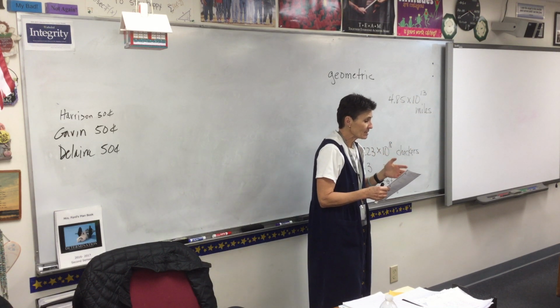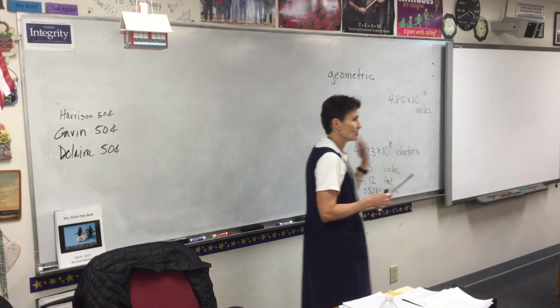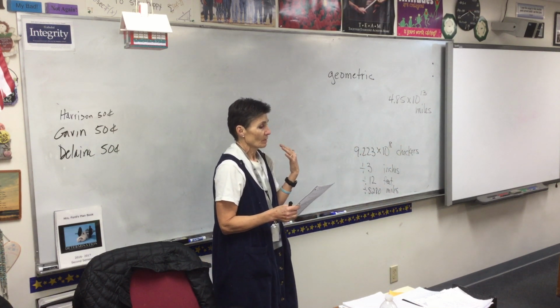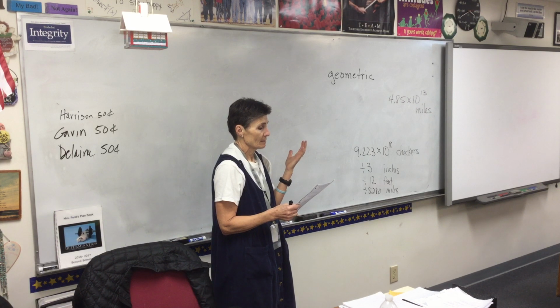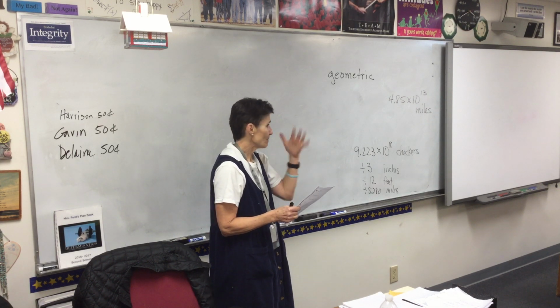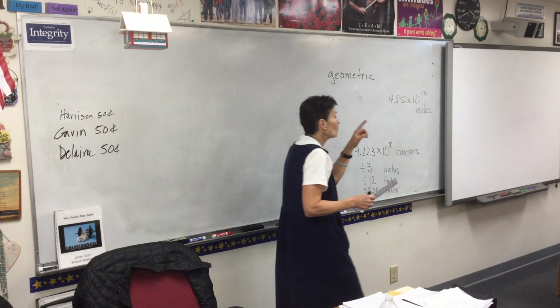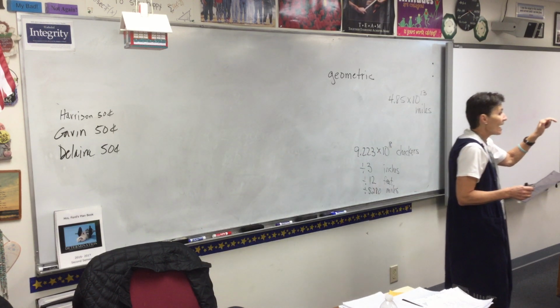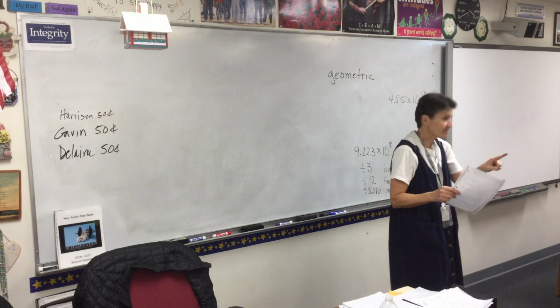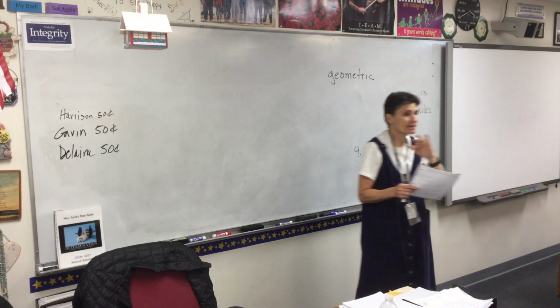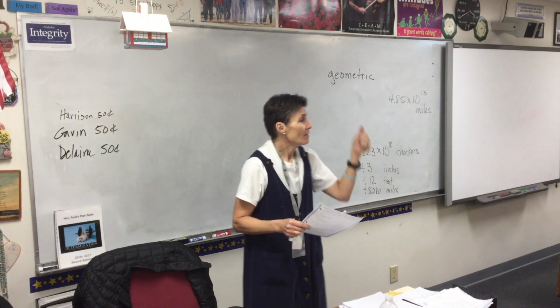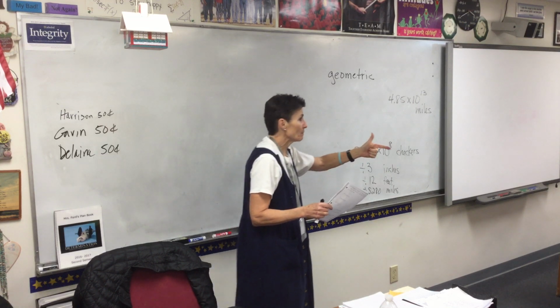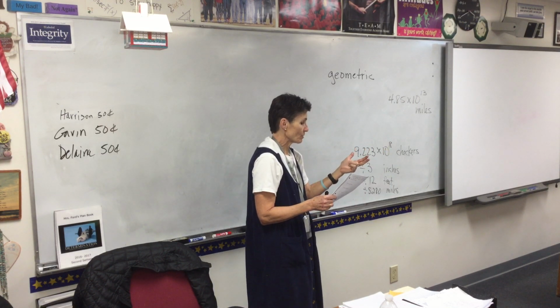Now when you look at sequence A, what are the next 2 terms? 10 and 12. But how are you doing that? Adding 2. And adding 2 is fine, but it's not geometric. So A is not a geometric sequence. There is a pattern, you can keep going, but it's not geometric.